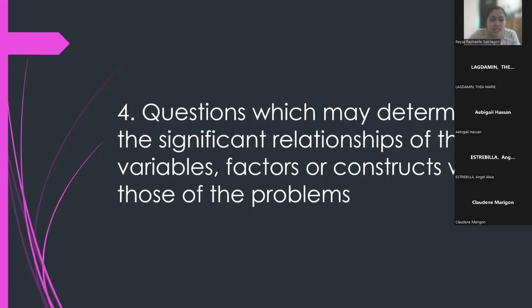Now, if your study is quantitative, again, we have numerical data. The last question will always be about determining either the significant relationship or the significant difference among variables. Quantitative researchers always have these questions, the last question sa SOP.